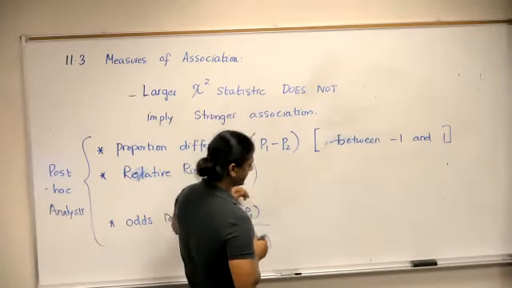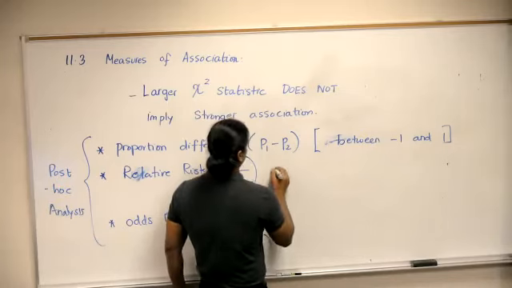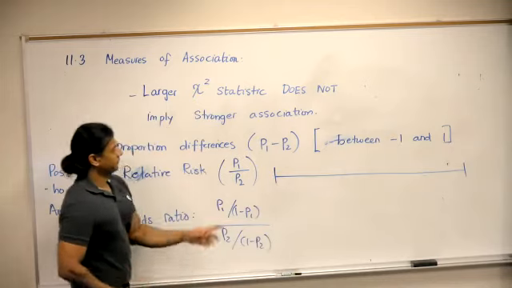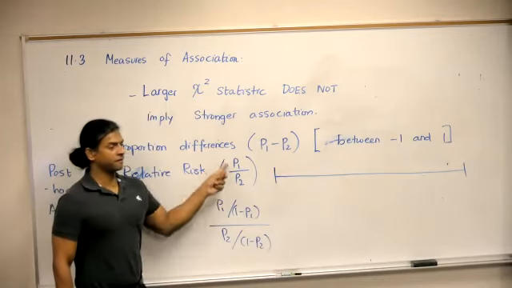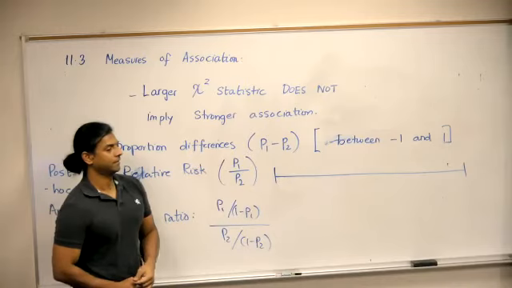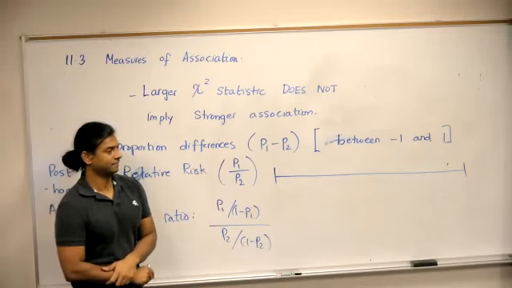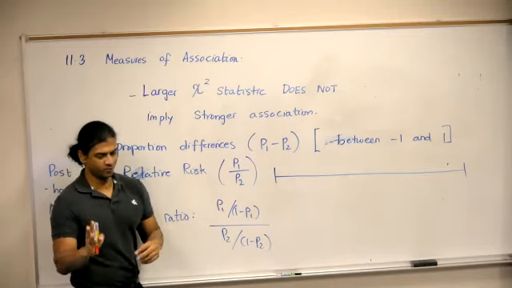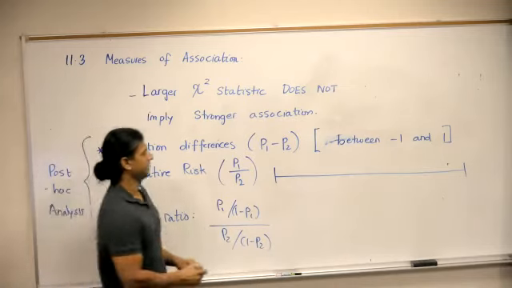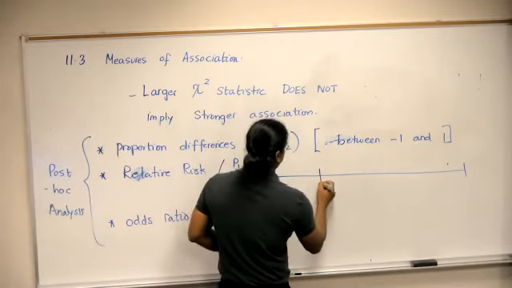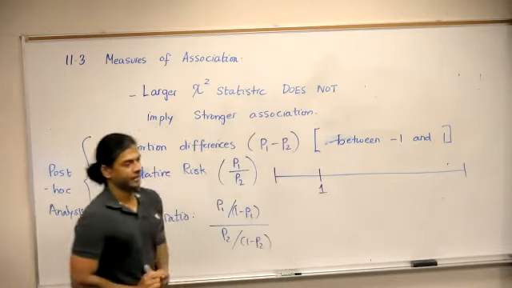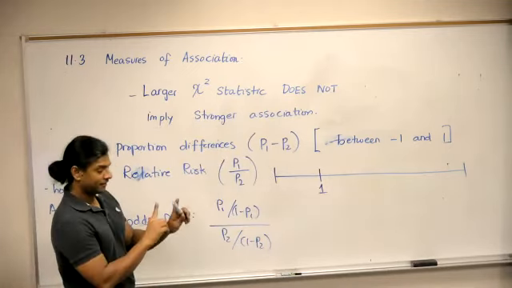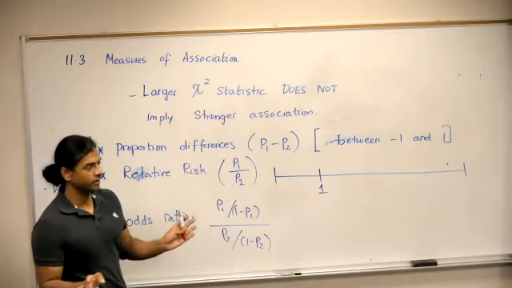Case 2, relative risk. If P1 and P2 are the same, then what is P1 over P2? 1. A relative risk of 1 simply means that there is no association whatsoever.